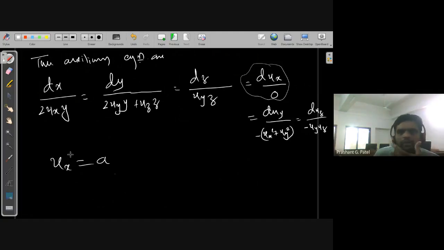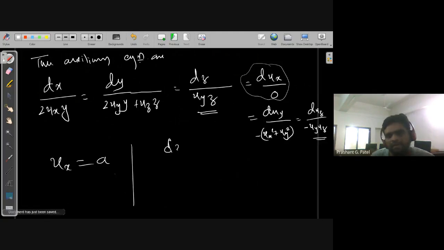Now we need to calculate another solution for this one. Let me compare this one and this one, because it only involves uy, which will get cancelled out, and you will have it only involving uz and z. So we'll have dz upon uy z equal to duz upon minus uy uz. uy is cancelled out.